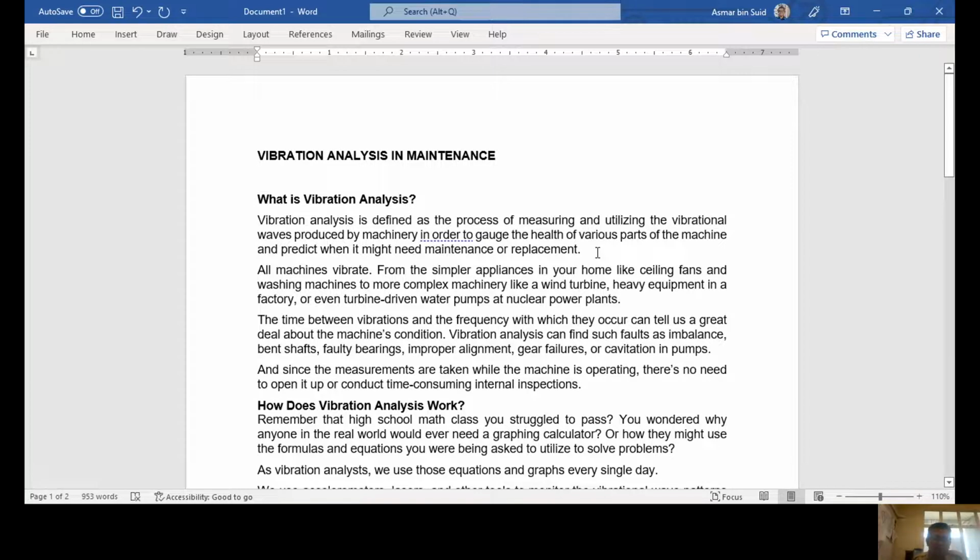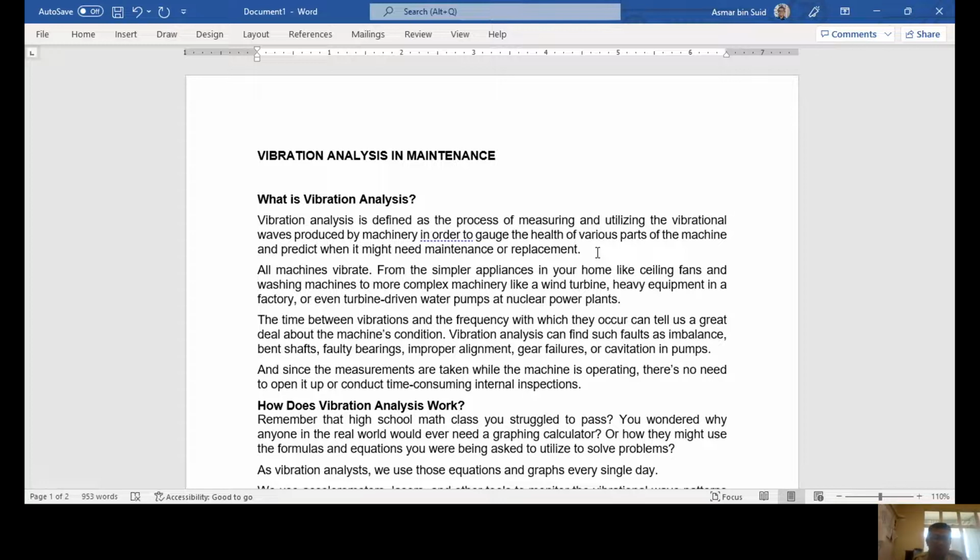When part of the machine is getting defected, it will produce some defect, whereby one of the methods that we can use is to measure the vibration.